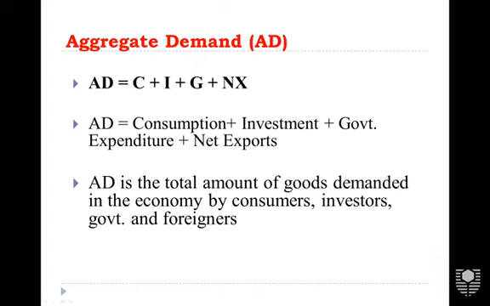I is investment, the total demand by the investors or producers. G is government expenditure, the total demand by the government, which could be government consumption or expenditure. And finally, net exports, the demand by foreigners for our products. So it includes the goods demanded by all the consumers, all the investors, the government, and the foreigners who are interested in buying our products.